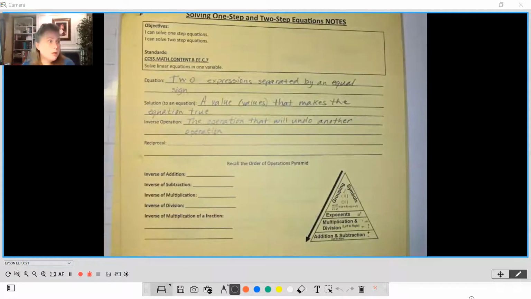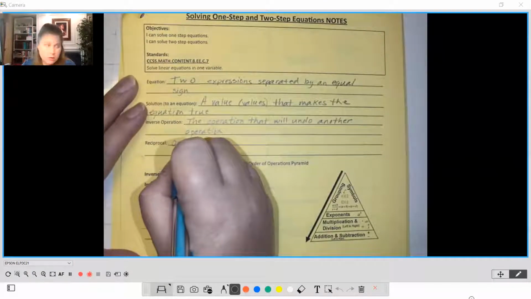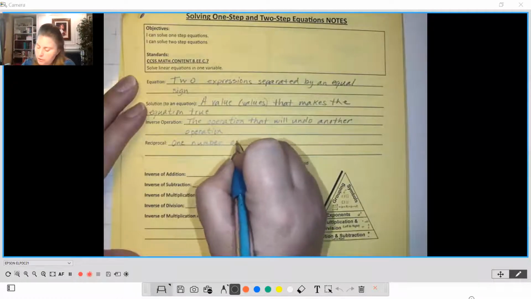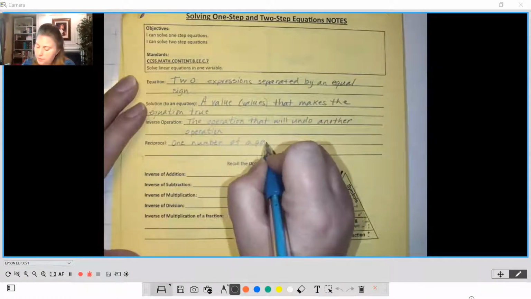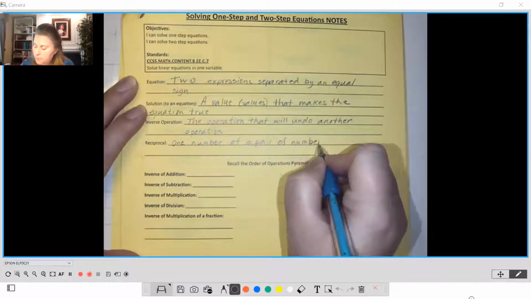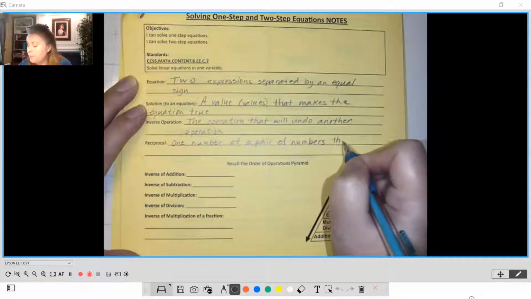And reciprocal is one number of a pair of numbers with a product of one.